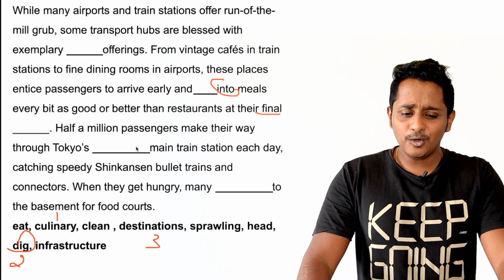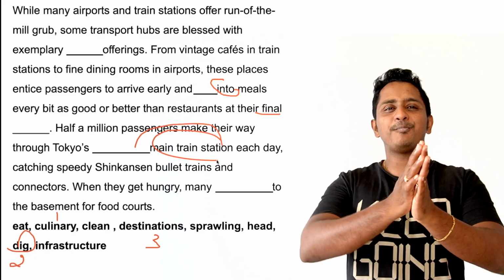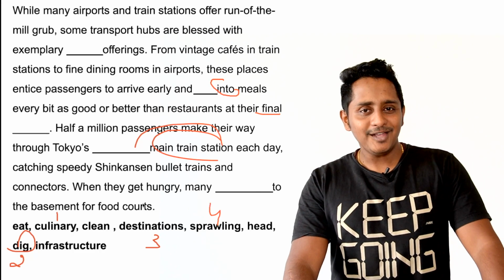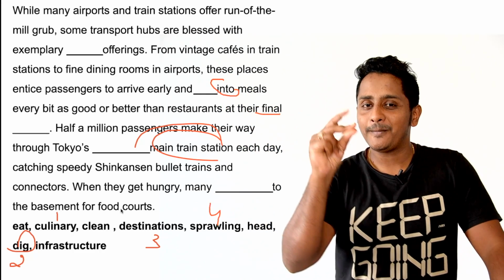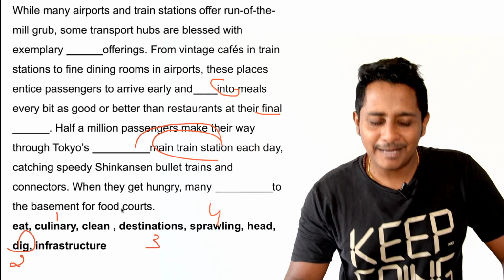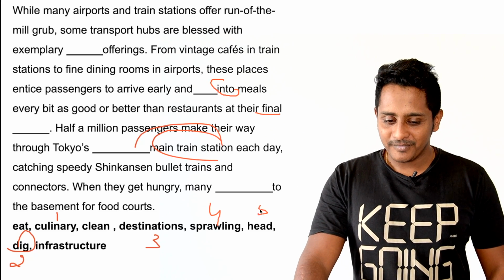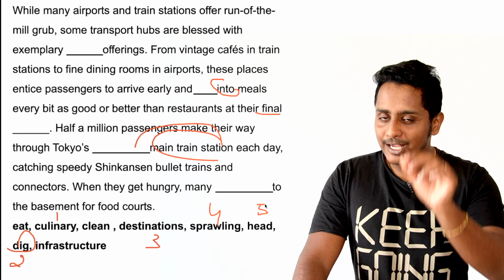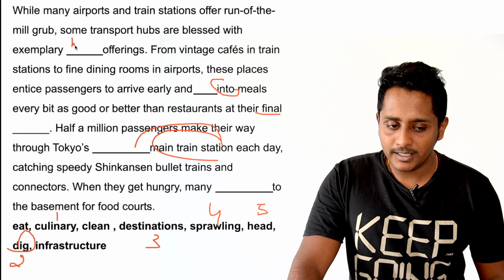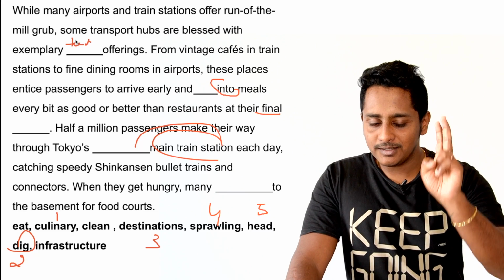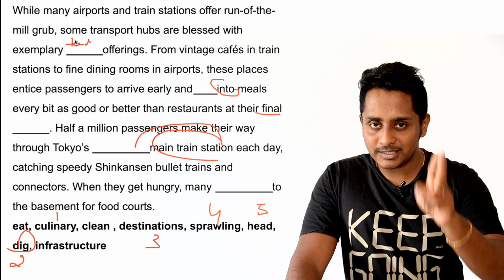Tokyo's train station is spread across, it's a sprawling train station. Many dash to the basement: go to the basement or head to the basement. I'm heading to this place, they say, right? It's head to the place. Where people actually go wrong: first one, if you write head; first one, if you write sprawling; first one, if you write destination; first one, if you write dig.